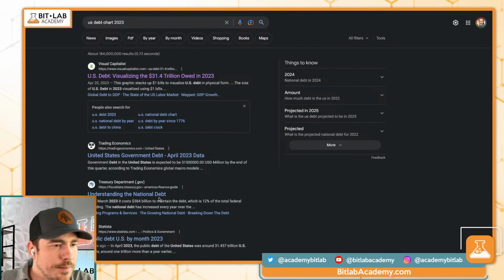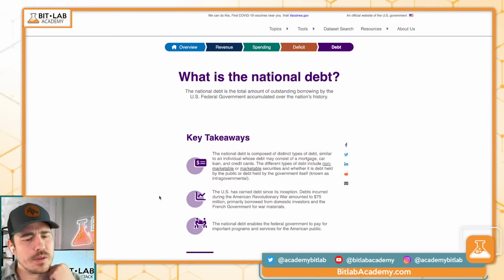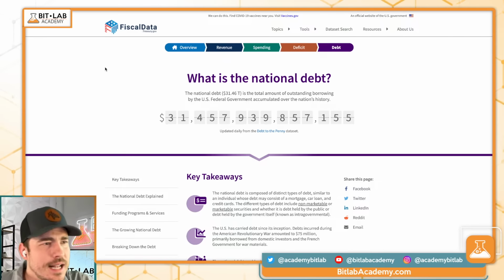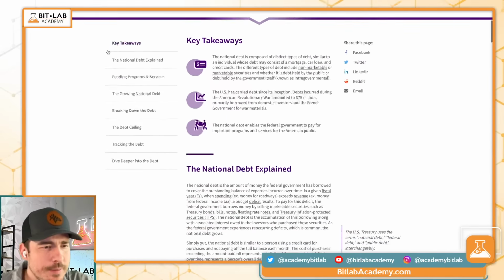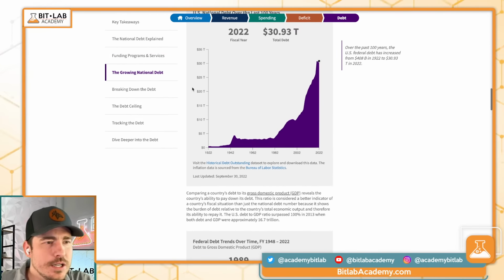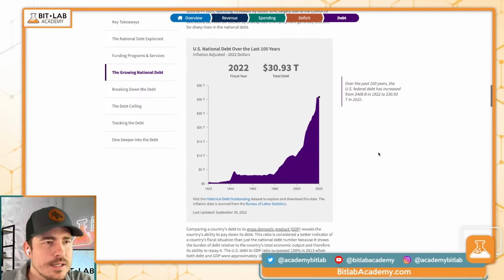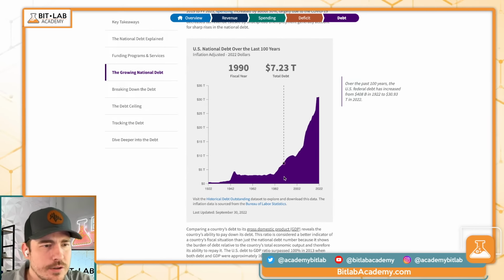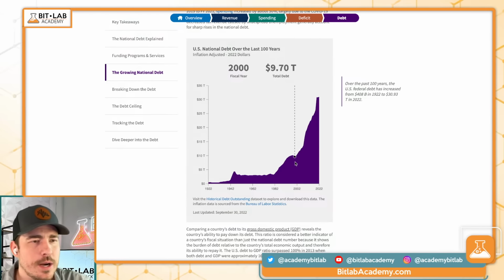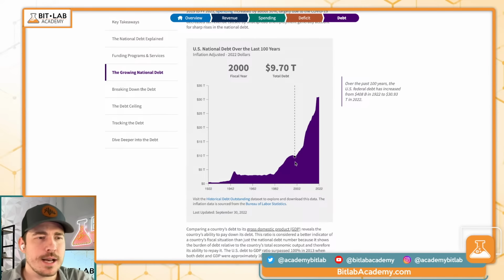And there was a chart here that I saw before. Let's go ahead and pull that up. It's funny, the treasury.gov has an info guide on what national debt is. If they had any idea what it was, maybe we'd have a better, here we go. This is what I'm looking for. This is U.S. national debt over the last 100 years. Now, I graduated high school in 2002.